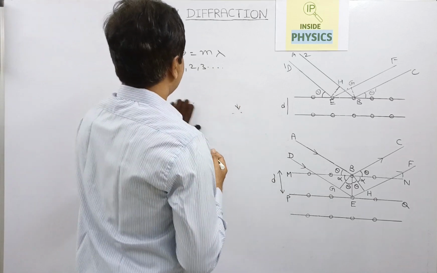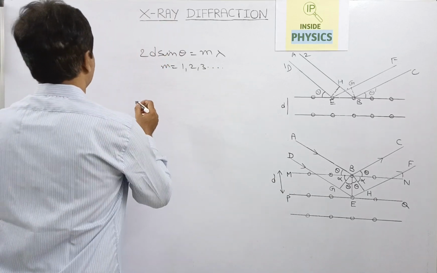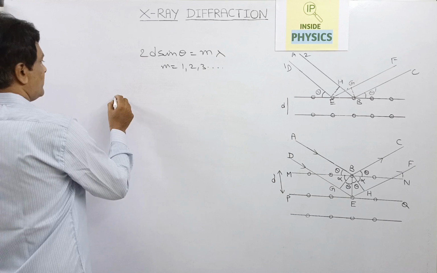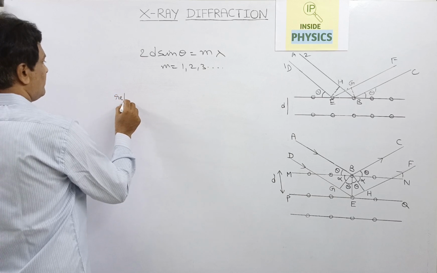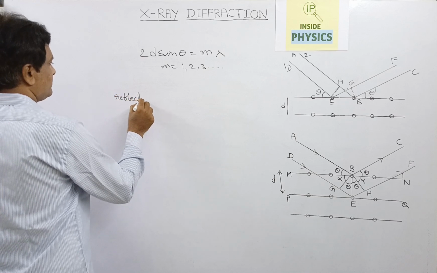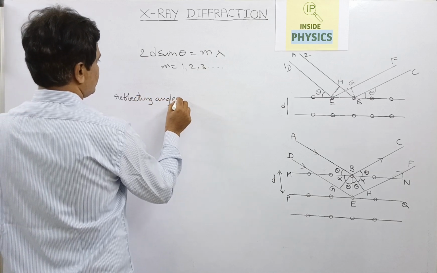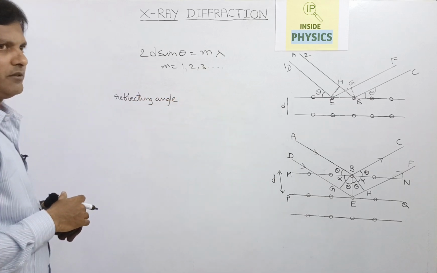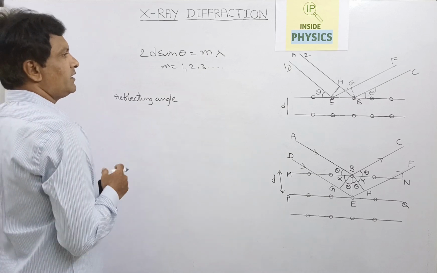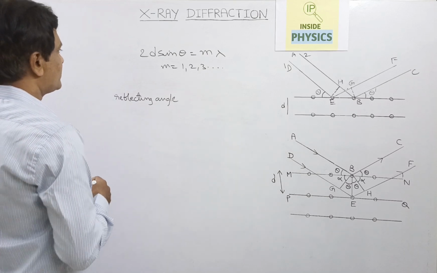So from this, if you want to know the angle of reflection, the scattered beam will be reflecting at some angle, which is also called the angle of scattering.